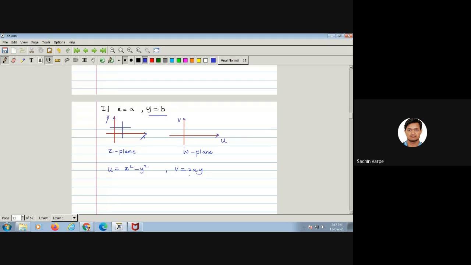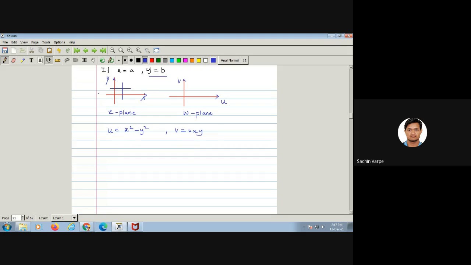So first of all, suppose we substitute x is equal to a. For the line x is equal to a, v will be 2ay. So from here I get the value of y: y is v upon 2a.